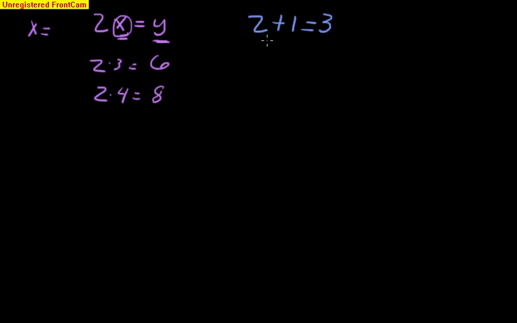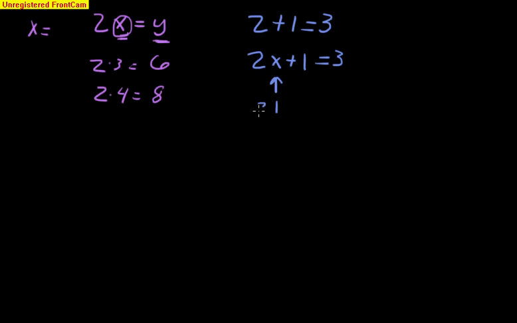So to turn this into an algebraic expression, I could say 2x plus 1 equals 3. And now we have to decide what number can x be for this to be true. Well, we know that it needs to be 2 plus 1, so x needs to be 1.